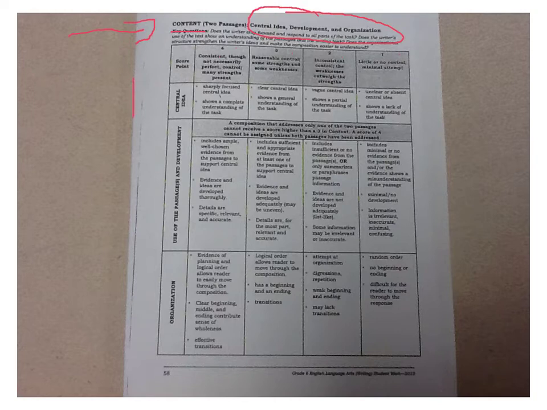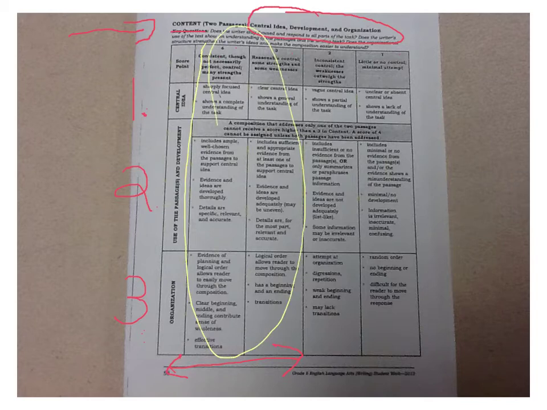We're going to talk about number 1, the central idea. What does that mean? Number 2, use of passages and development, and then of course number 3, organization. Many of our goals were in the 3 and 4 range, so we'll be looking at basically this section of our rubric for this session.